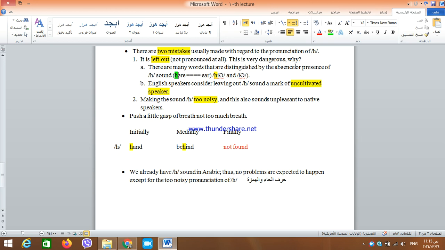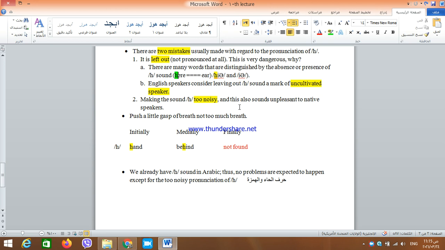There is another problem with the "ha" sound, which is not as dangerous as the one we have discussed now, that is of deleting the "ha". The other problem is that you make the "ha" too noisy, and this also sounds unpleasant to native speakers, and native speakers will not be happy with your pronunciation if you make the "ha" sound like something near to the sound "ha", the sound we have also in the glottis in Arabic, not in English.